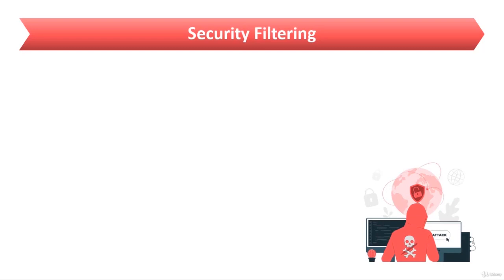Then how to manage user accounts and password security. Then what are the rules for password management, digital certificates and PKI. And finally, an overview of identity access management. So this section is going to be a long section, and it is going to be a very interesting section. So let us get started with the first topic of security filtering.